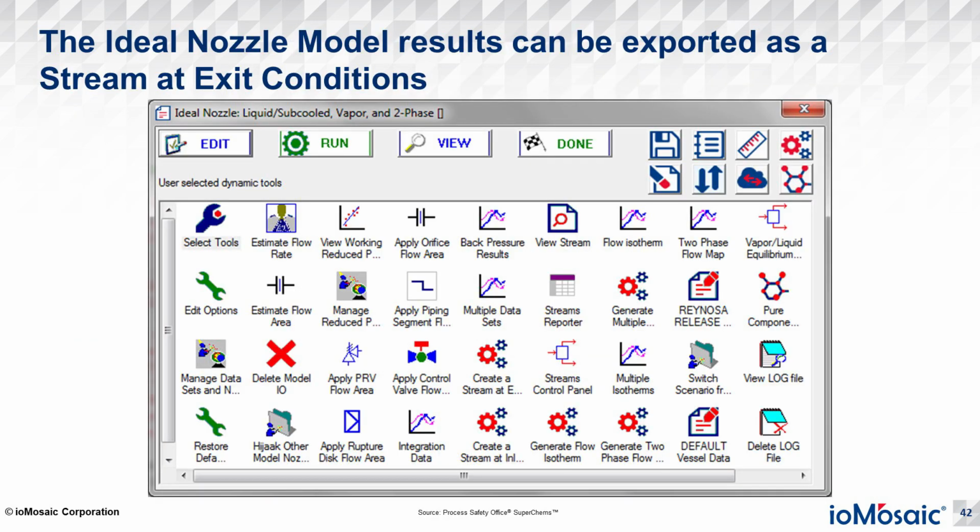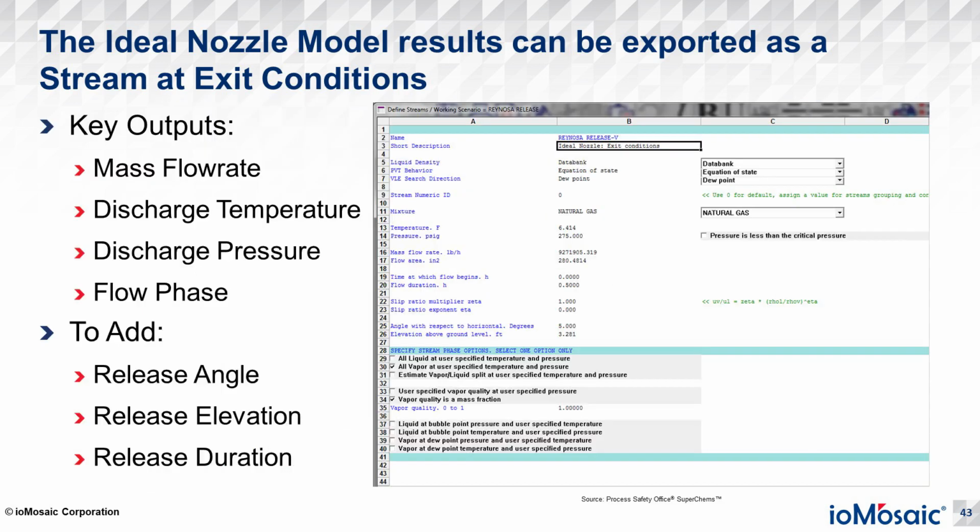Then there's an option in the objects window of the ideal nozzle model where we can create a stream at exit conditions. If we select that, we can export all the data to a stream. So we then go to Define and select Stream, and we've got our stream that's automatically created.